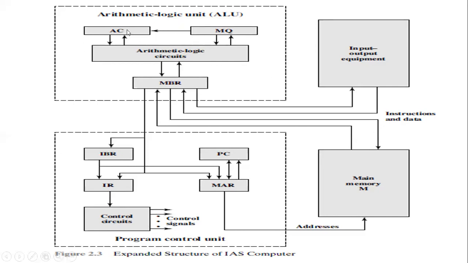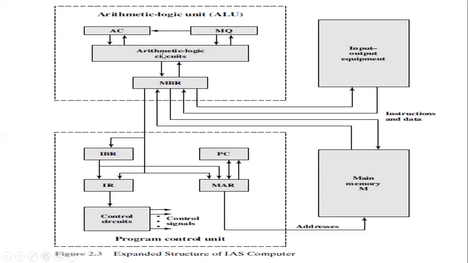If you want to add two numbers, the first number is copied into your accumulator, then the next number will come, and according to the control signals this second number will be added to your accumulator, and the contents of the accumulator will be replaced by the addition. So you won't have the numbers you already sent for addition. Your accumulator will now only have the sum of your two numbers.